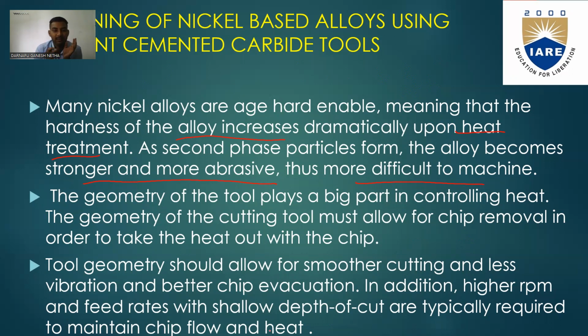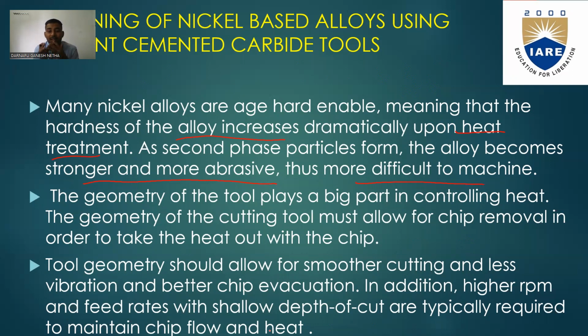In this slide, whenever heat treatment is given to the alloys, the hardness of the alloys may be increased. This leads to the alloy becoming stronger and more abrasive, and this makes it difficult to machine.